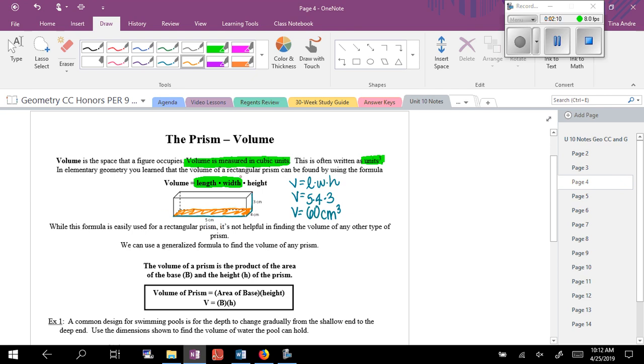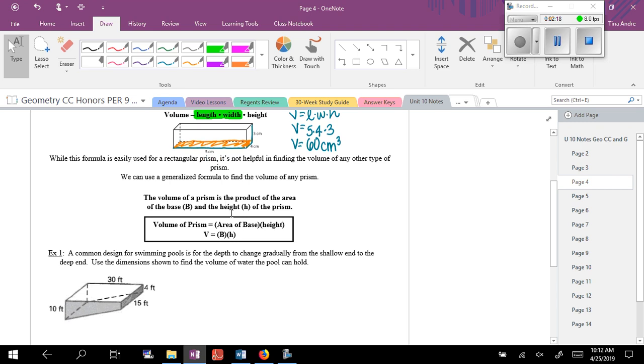So we can use that idea to extend our volume formula to any type of prism. Here's the formula that's going to be more helpful in geometry: we multiply the area of the base times the height, and that will give us the volume of the prism.